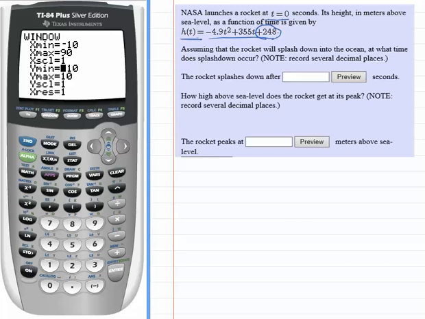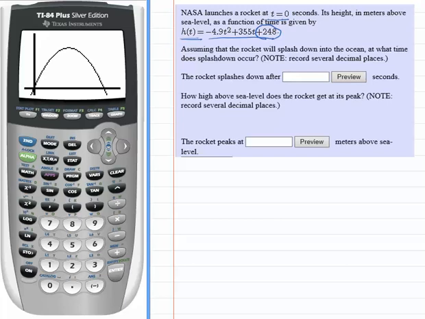Now for the height of the rocket, it doesn't really go below ground, and it looked like it went up to about 7,000 feet. Let me go 1,000 below though, because I like to see my x-axis. And for the height, even though it only goes up to 7,000 or so, I'm going to go up to 8,000 or even 9,000 would be good. So now when I graph it, I should be able to see this function. There it is.